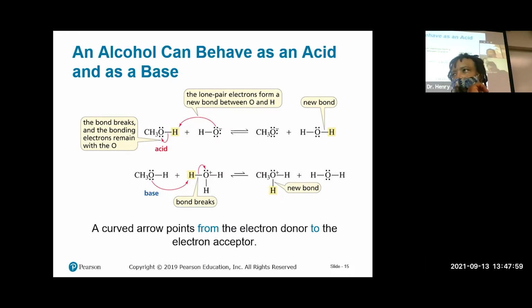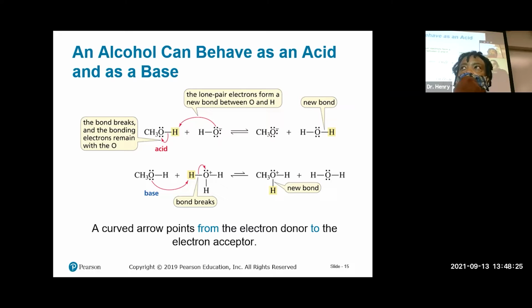So Arrhenius acids are when you're donating a proton. The Lewis acids and bases are when you're donating electrons. So a Lewis base is an electron donor. So here, we're donating electrons. We're giving electrons to this guy, so now this guy gets those electrons, and this guy gets that proton.